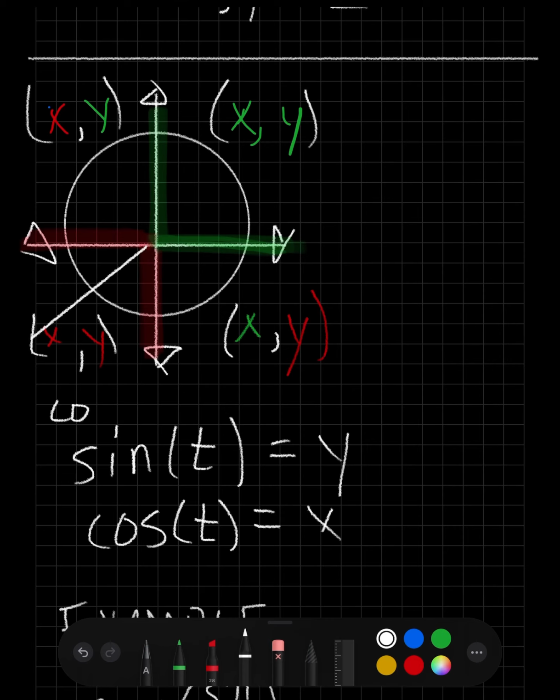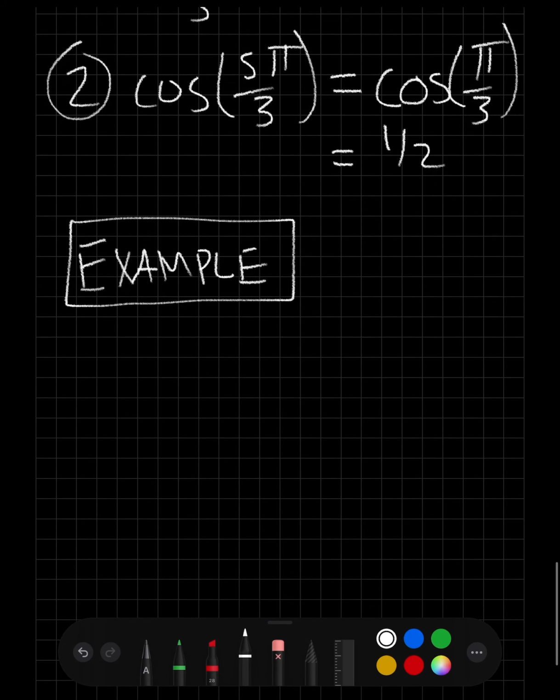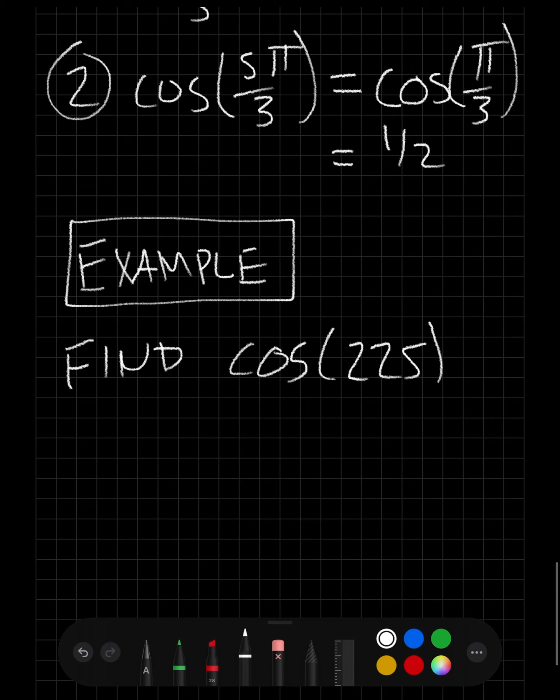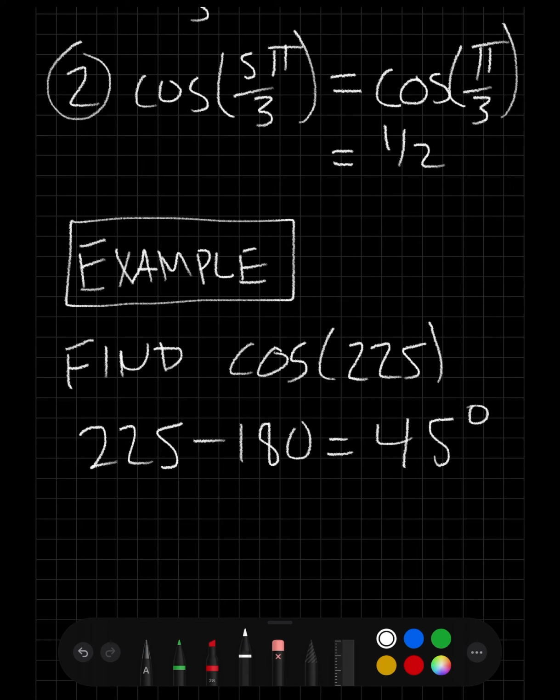And I want to know what's the cosine of 225. So this is in degrees, and we're going to find the reference angle there. And it turns out that we're in quadrant 3. So in quadrant 3, my formula tells me take 225, subtract 180. And that's going to give me 45 degrees. So that's our reference angle.